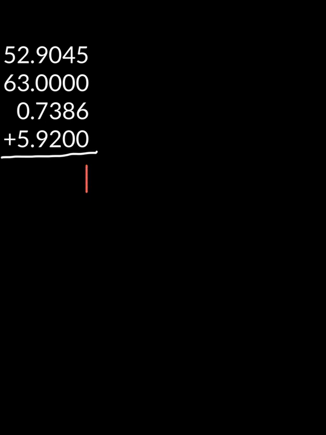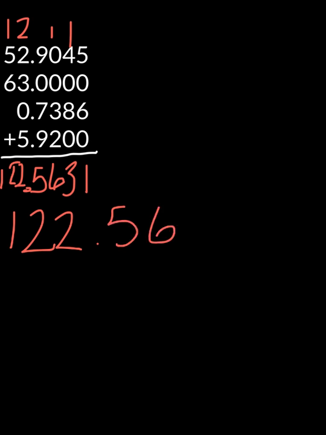So I get 11, carry my 1, and then I have 13, carry the 1, 6, and then 16 plus 9 is 25, carry a 2, put my decimal point down, and then I have here 22, okay, here I get 12, carry the 1. So my answer is 122.5631.